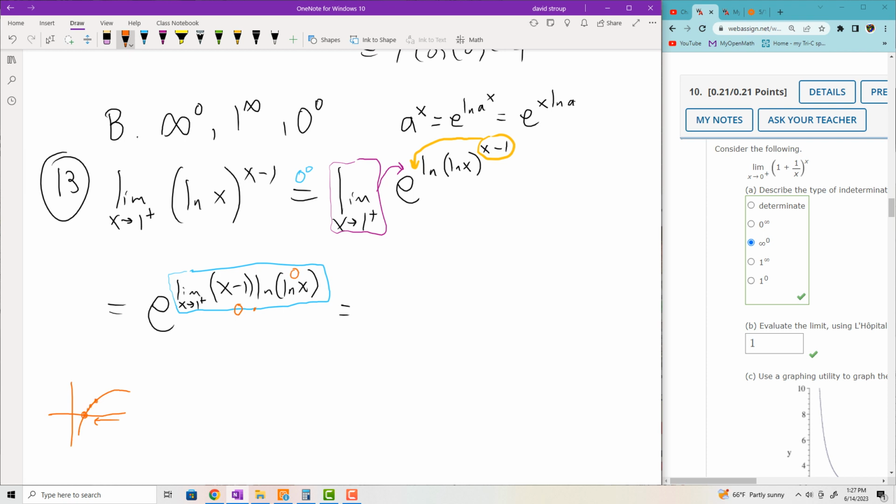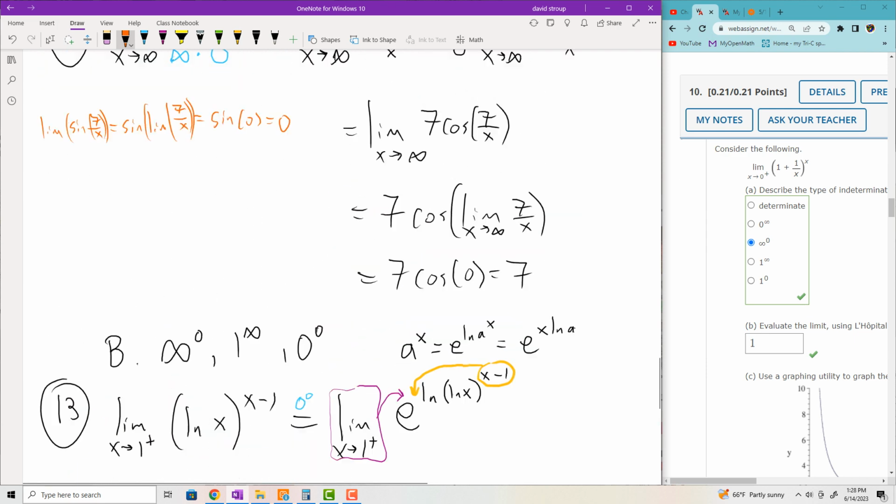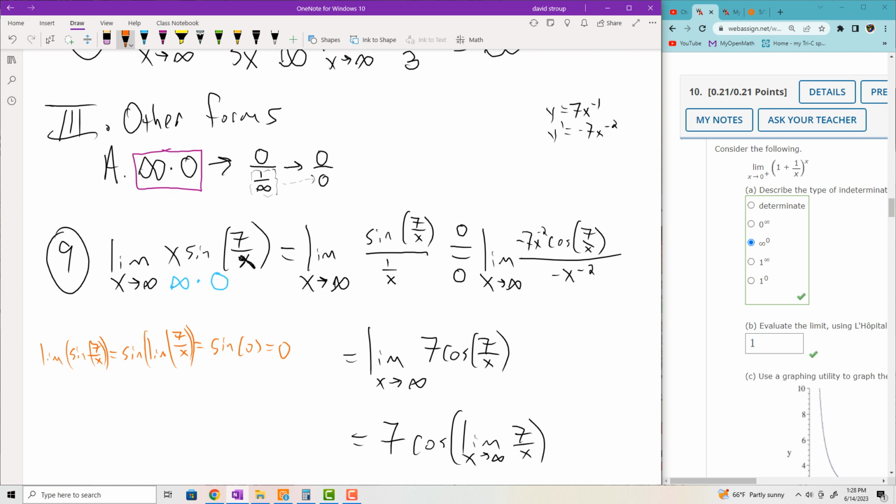The y values are diving down to 0. So you're taking like the ln of 0.1, ln of 0.01, ln of 0.001. If you take their natural logs, you're going to have points going towards negative infinity. So this will be 0 times negative infinity.